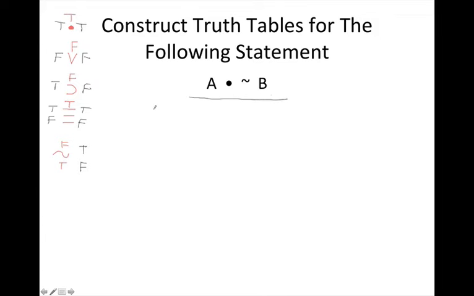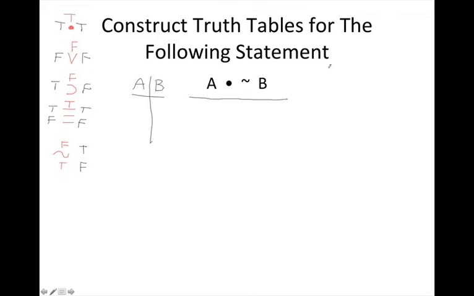Now, one of the ways you can approach your truth table is to put your values directly underneath your simple statements. Alternatively, you can do what Baronett does, and that is have reference columns off to the side. It really doesn't matter. I go back and forth. What you do need to remember, though, is the formula for determining how many rows or lines your truth table is going to have.